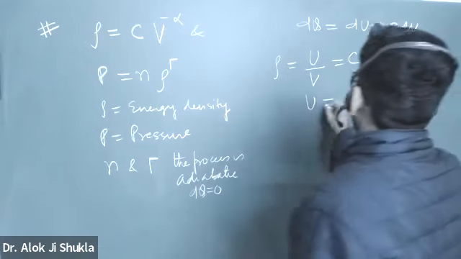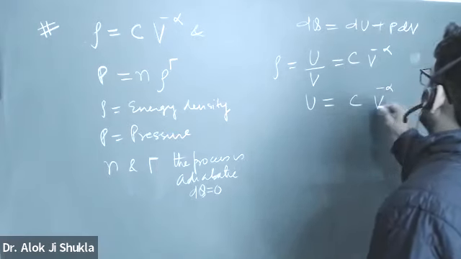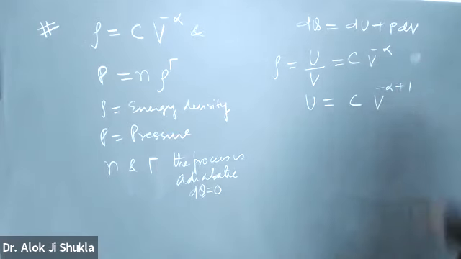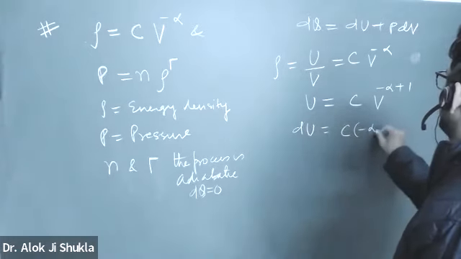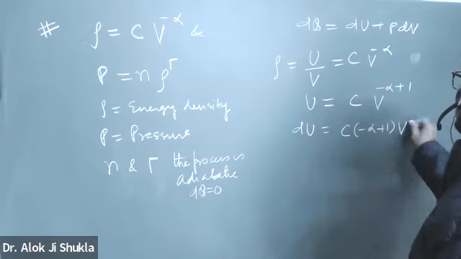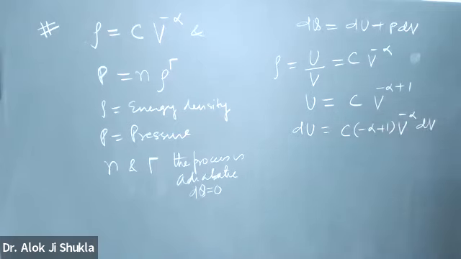So that means U is C V to the power minus alpha plus 1. Am I right? Yes, sir. So what is du? It is C times (minus alpha plus 1) V to the power minus alpha and dV. Is this correct? Yes, sir.